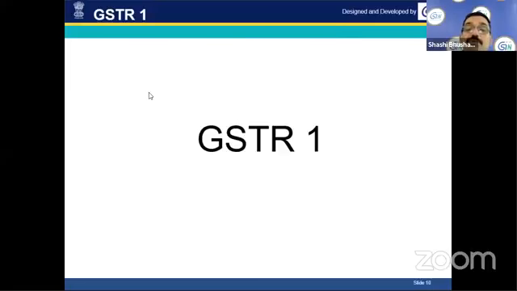So now we move to GSTR 1. Now GSTR 1 is a return which is a very fundamental part, a keystone of this GST regime that we are implementing.